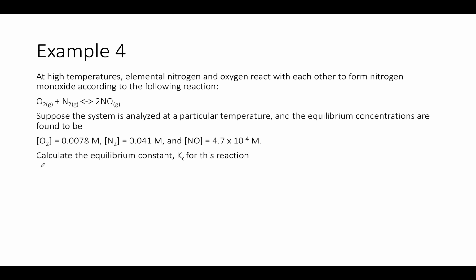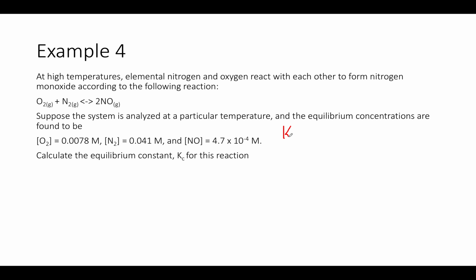Okay, here we are given a reaction. Oxygen gas and nitrogen gas form 2 moles of nitrogen monoxide. We're given the concentrations at a certain point in time, and we're asked to calculate the Kc for this reaction.